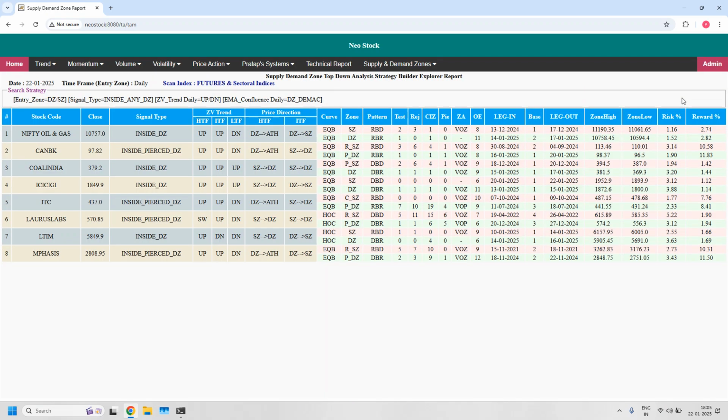Let's filter the stocks. See, now the list is reduced to only 8 stocks. These 8 daily demand zones are having daily EMA Confluence, and also current price closed inside the daily demand zone. And some of these daily demand zones are pierced demand zones. For those stocks, you can apply pierced zone strategies you learned in lesson 28.